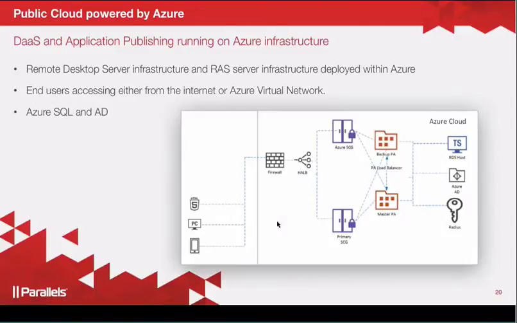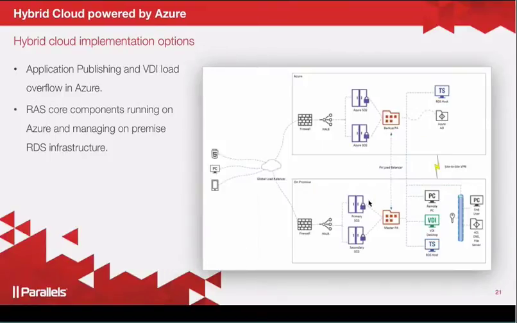So if you decide to go with a public cloud, this is one example. Here, when you have desktop as a service or even application publishing on Azure infrastructure, this could be in your data center as well. The only difference is that you could add VDI and also remote PC. And in hybrid mode, of course, you can do a site-to-site VPN to leverage what you already have and extend it to the cloud.